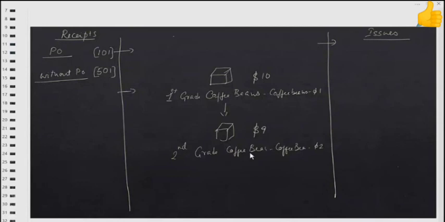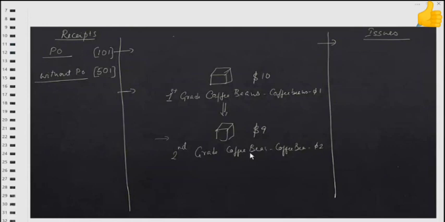Now we can procure the second grade coffee beans separately using a purchase order, or say for example the first grade coffee beans degrade to second grade coffee beans if you don't use them for a month. That means if we still have them in stock, you're not able to sell them, you can very well package them as second grade coffee beans.